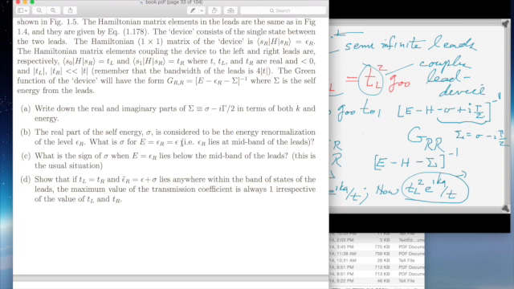When E equals epsilon is the middle of the band for the leads. The band goes from epsilon minus 2t to epsilon plus 2t. Just look at the sign of this real part, what they call the energy renormalization due to the coupling to the leads.